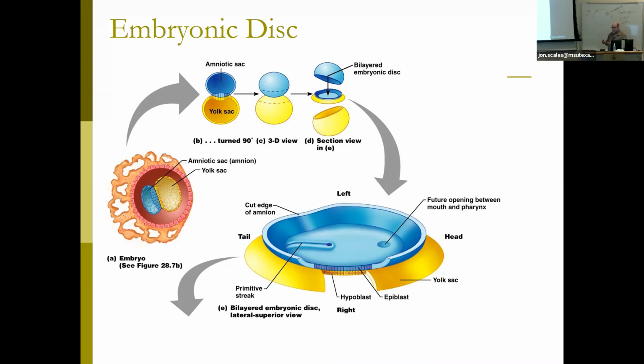Okay. Now, a lot of these terminologies come from the study of chicken embryos, and that's because if you look at our human embryo and you look at a chicken embryo at this stage, you'd be hard pressed to tell them apart.